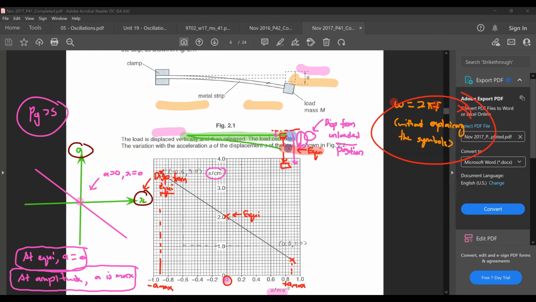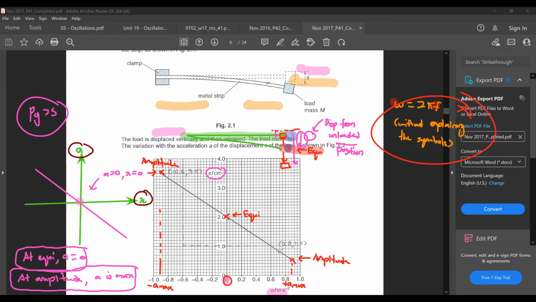This one and this one. So maybe I need to delete this. So this part and this part is where you have your amplitude.